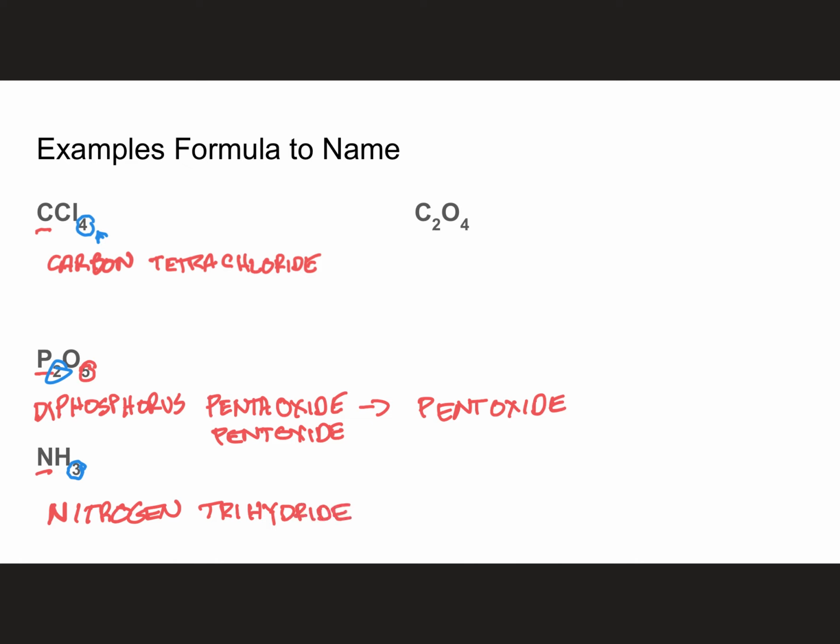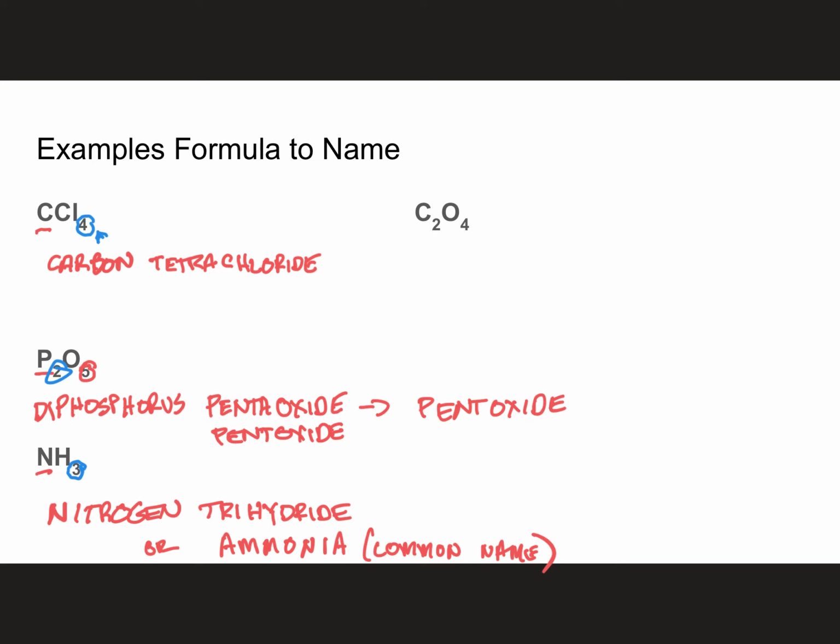And another name for this, the more common name for this, is ammonia. So nitrogen trihydride, or the more common name, ammonia, just like water. The common name is ammonia. The chemical name would be nitrogen trihydride, right?